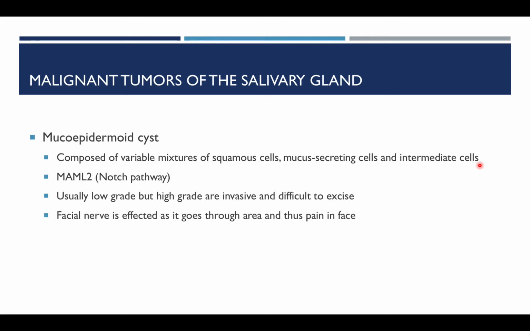And it is caused by an abnormal chromosome rearrangement involving the Notch pathway. Usually, they are low grade. However, if they are high grade, they tend to be invasive and very difficult to excise. If the facial nerve is affected, which means that the facial nerve runs in the area the tumor is present in, the patient experiences facial pain.